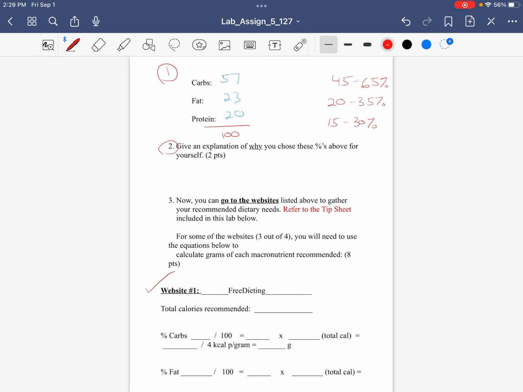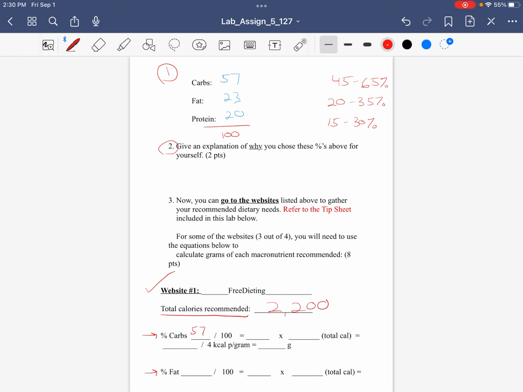I'm going to give you an example, okay? Let's say that free dieting gave me a daily calorie recommendation amount of 2,200. So you'll write there whatever number that website recommended for you. So right now, let's just say free dieting gave me 2,200. You're going to have to input the percentages you came up with. So what did I say up in number 1 for myself?